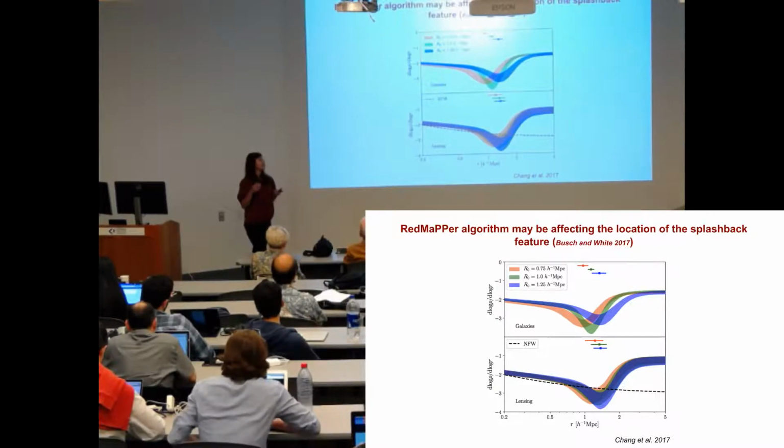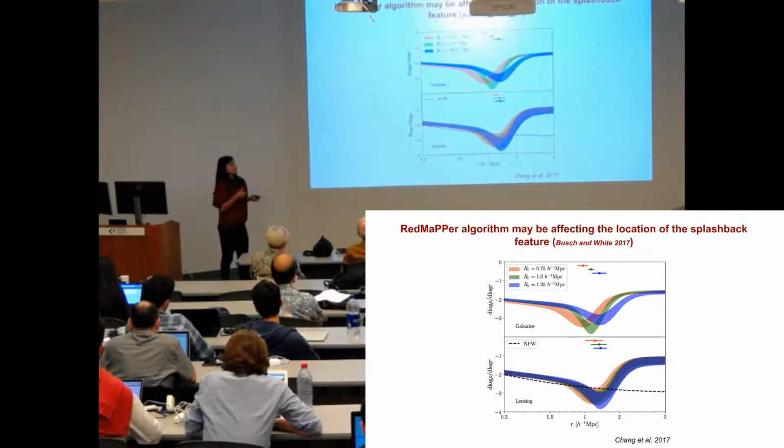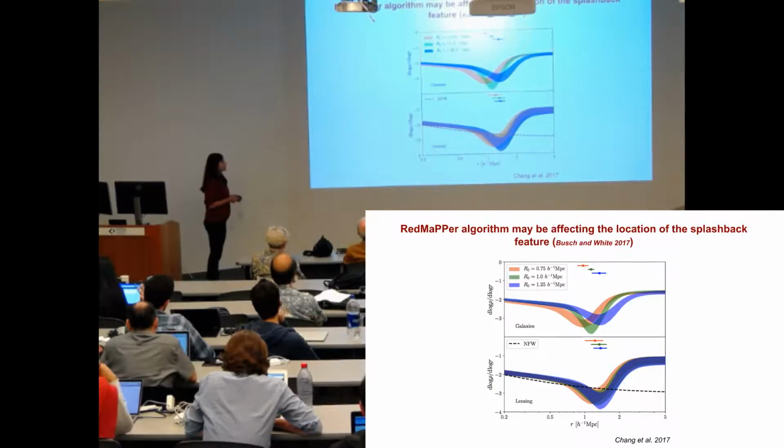And you set this aperture on the tracers that you're going to use to measure the splashback radius. So Busch and White were worried that you are probably artificially introducing a feature at the location of this aperture, which is actually supposed to be very close to the splashback radius. When you change the size of the aperture, there was some movement in the splashback feature, which was worrying.